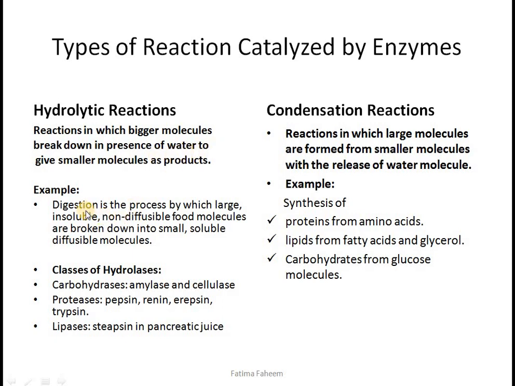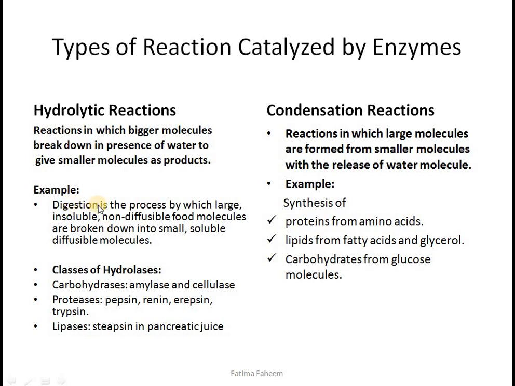The example of which is digestion, which is happening in our body, where we take in large, insoluble, non-diffusible complex food molecules like carbohydrates, proteins, fats. All these compounds are large, insoluble in water, and are non-diffusible. Non-diffusible means that they cannot cross the cell membrane. They cannot diffuse through the cell membrane.